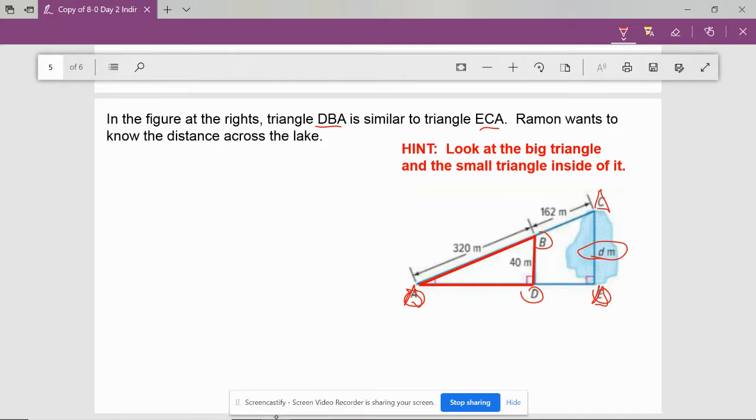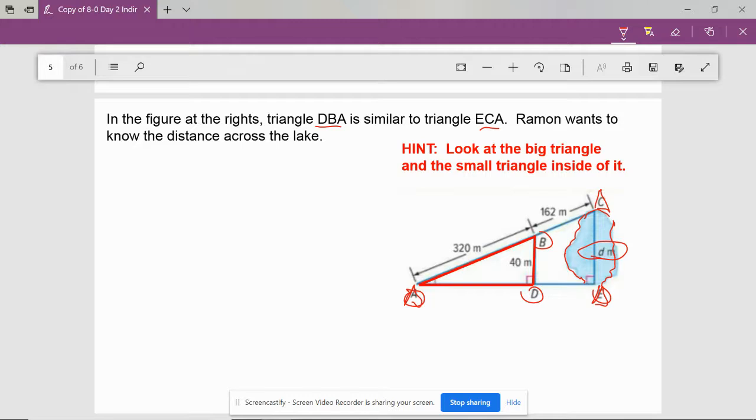If we see the little lake in here, can everybody see that? It's in blue. So D would be equal to the distance across that lake. So that's what we want to find. That's what it's asking for. Ramon wants to know the distance across the lake.